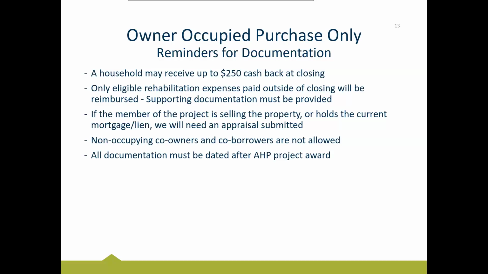If there are enough other AHP eligible closing costs to utilize the full AHP cost without them going towards the rehabilitation expenses, we may not require that documentation be provided. But I recommend always having it on hand in case rehabilitation work was done, just in case we do need to request that to verify that the rehabilitation expenses were AHP eligible.